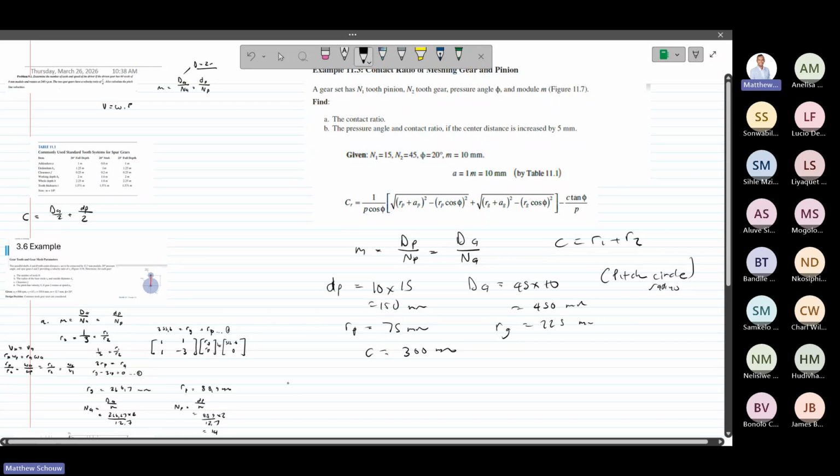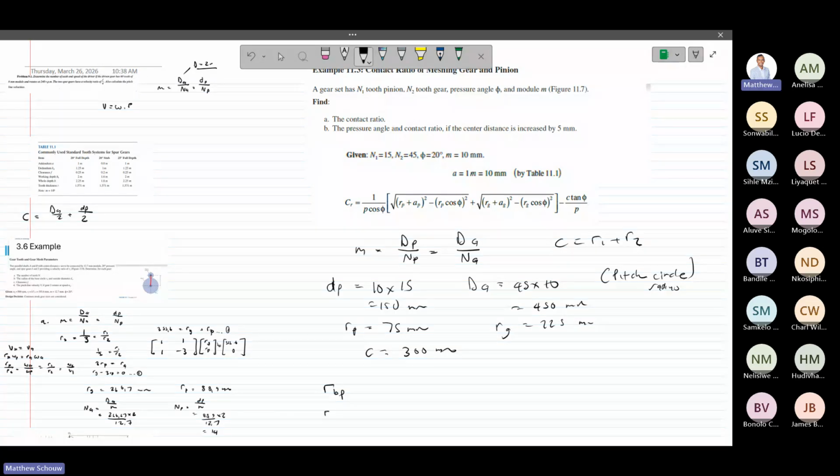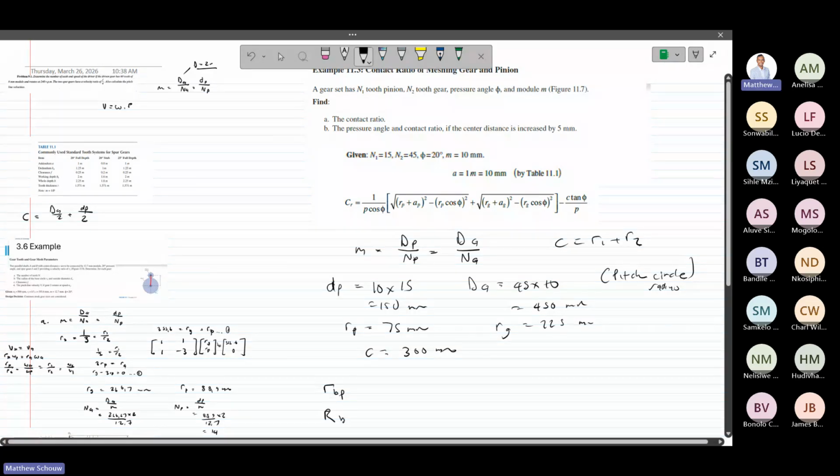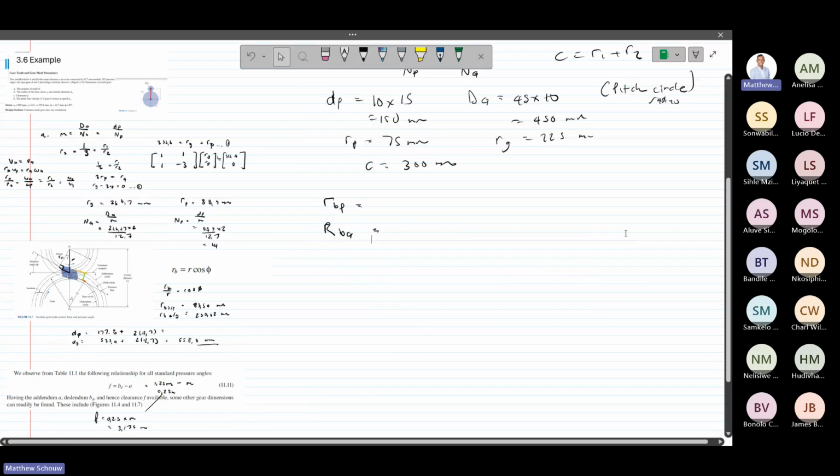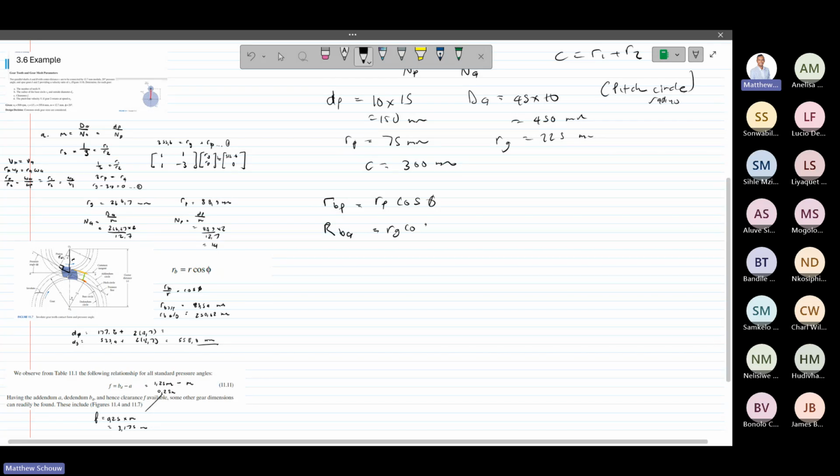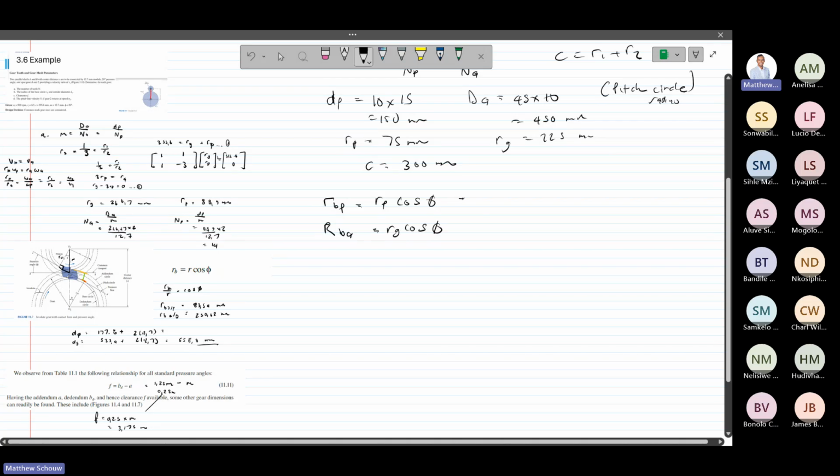So if you remember from the previous one, I'm going to call it RBP and big RBG. That's for your base circle. For your base circle, it's simply the pitch RP cos of the pressure angle, and then your RG cos of the pressure angle. So you can quickly get that for me.